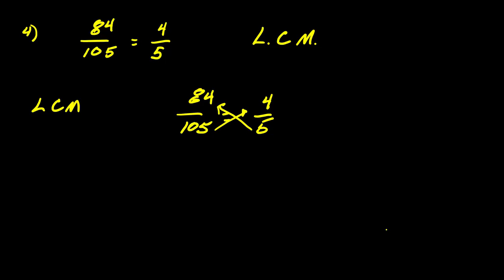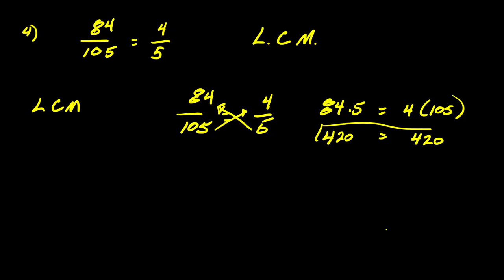I'll cross multiply, and I think that 84 times 5 should equal 4 times 105, and that's going to be 420 equals 420. 420 is my least common multiple.